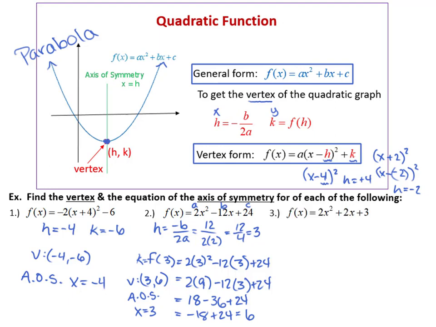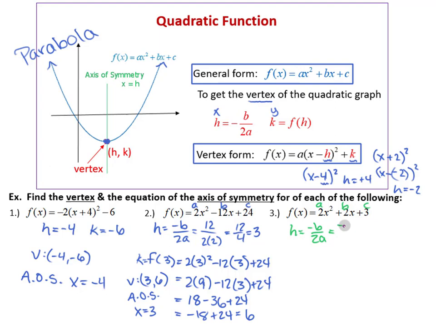So once again, unfortunately, we're given an equation that's in our general form and not vertex form, and we want to identify the vertex. So let's once again use our formula, the opposite of b over 2 times a, where my a value is 2, my b value is also 2, and my c value is +3.